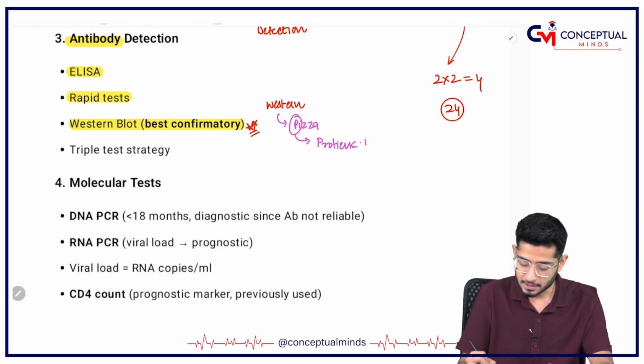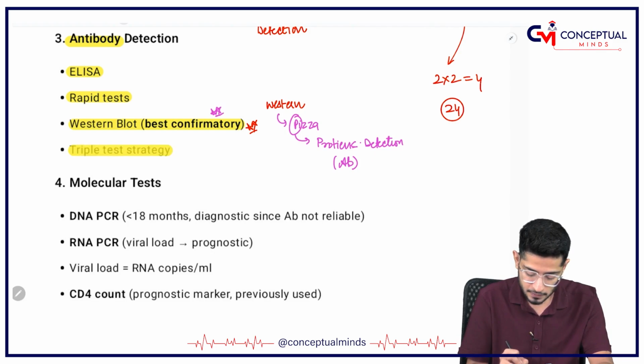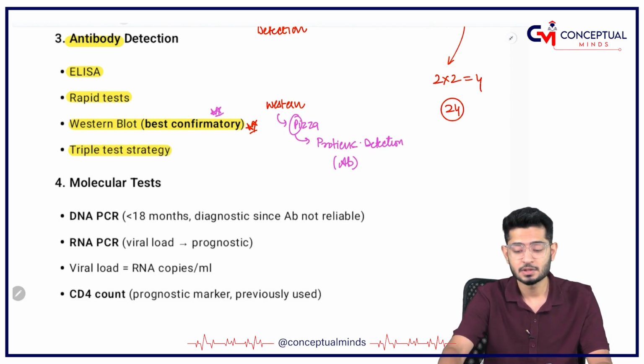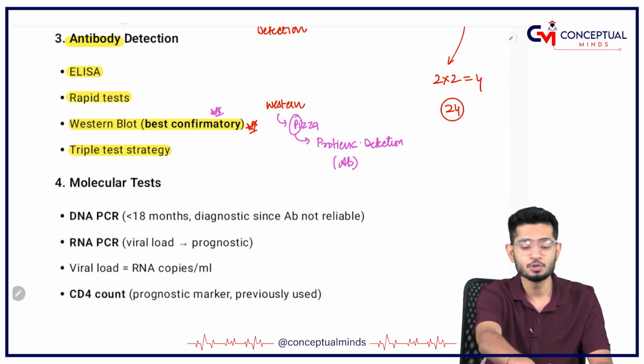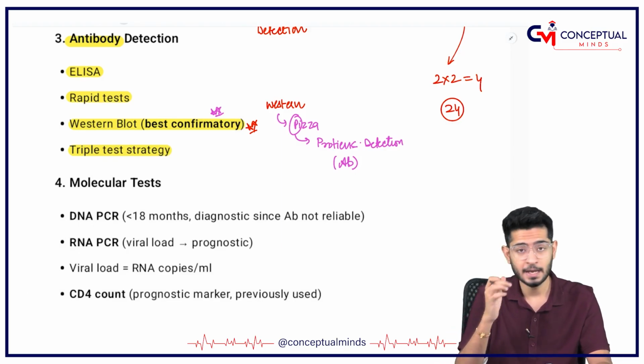So protein detection, because all the antibodies are proteins, so in order to detect the antibody, the best confirmatory method is going to be Western, okay. And then you have got something which is called as triple test strategy, which we use for AIDS, okay.